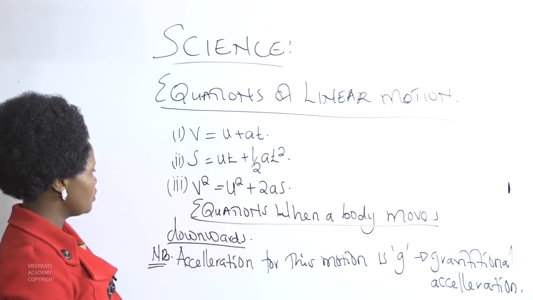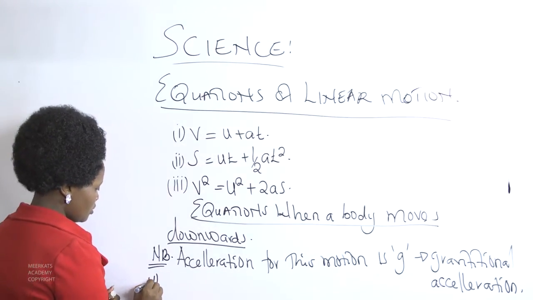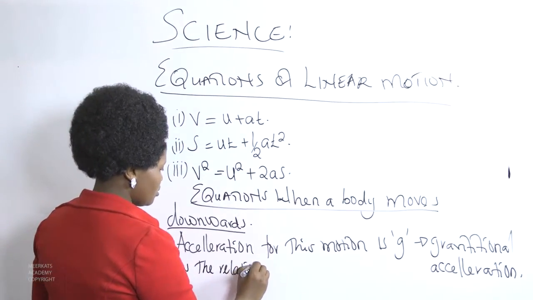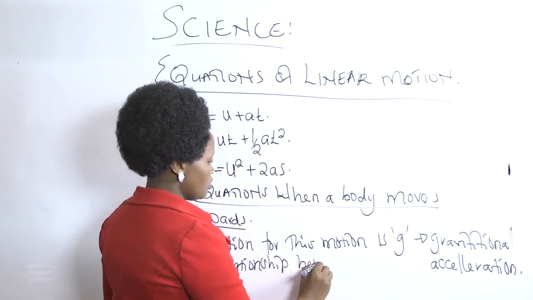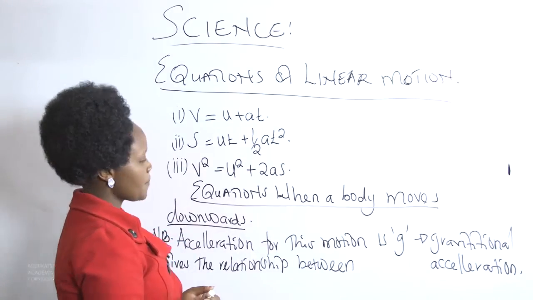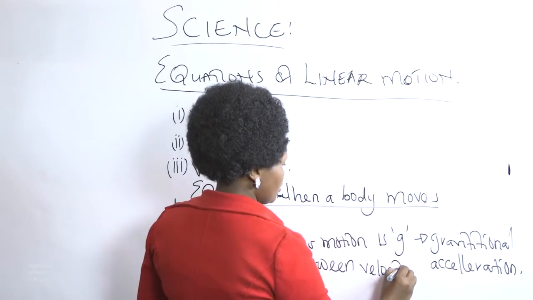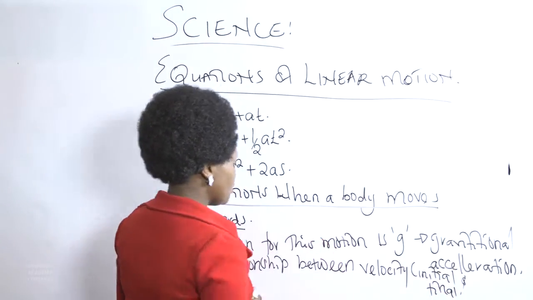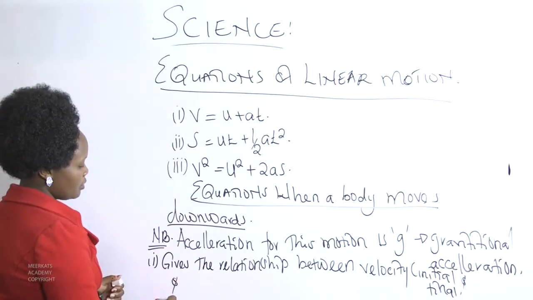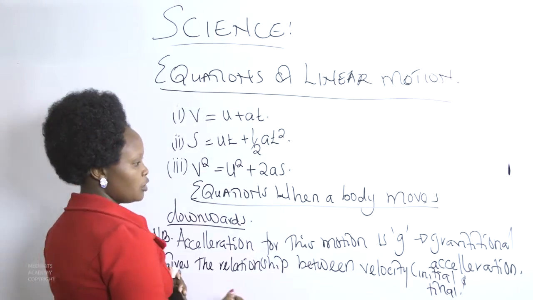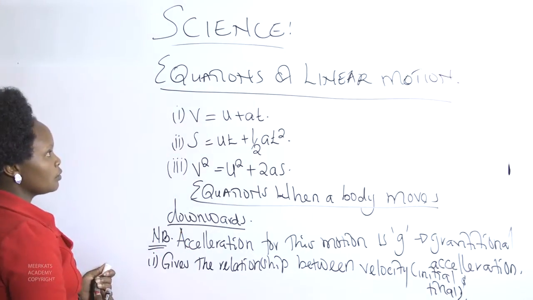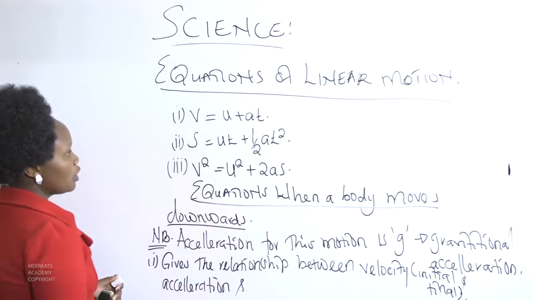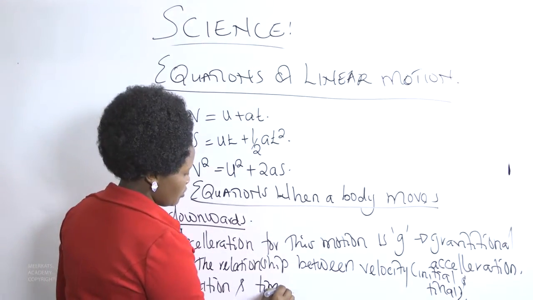So, if we start with equation number 1, it gives the relationship between velocity, both initial and final, acceleration and the time taken.